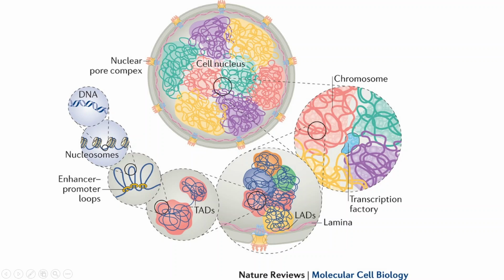And you have the lamina, the lamins, which are a meshwork of duplexes of lamins found on the inner surface of the nuclear membrane, and they provide shape and support to the nucleus.